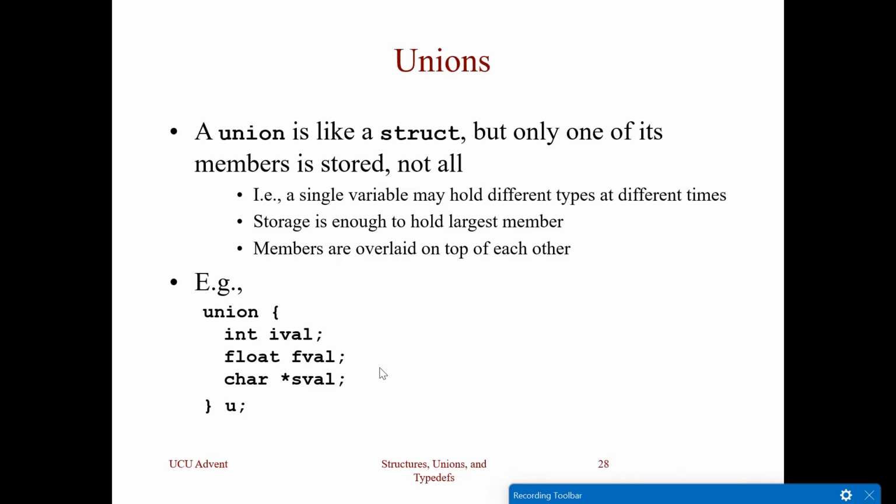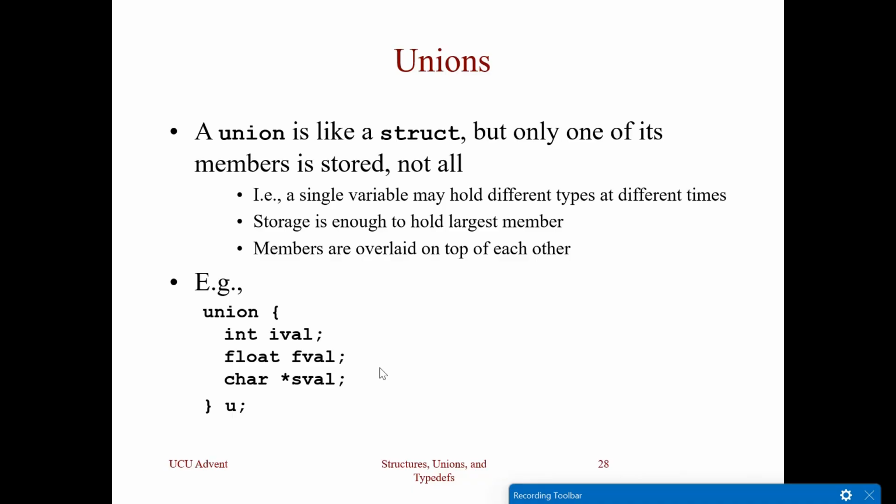But when we look at unions, a union is like a structure as well, but only one of its members is stored, not all of them. For instance, a single variable may hold different types of data at different times, and the storage is enough to hold the largest member.